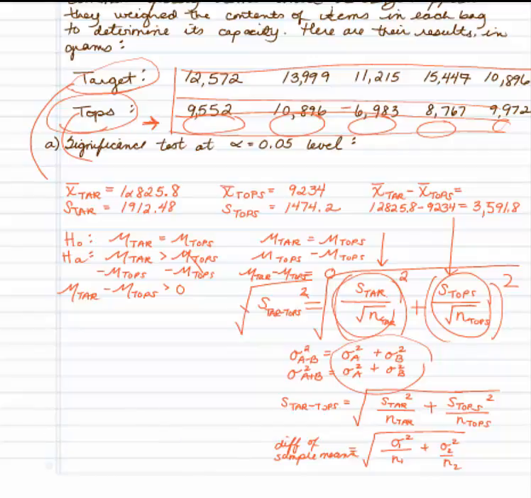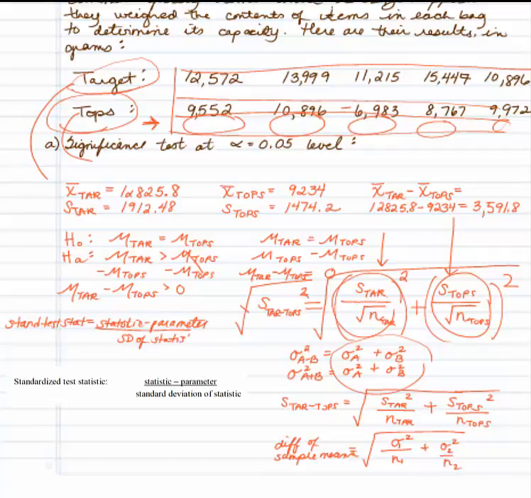Same thing as we were doing in all of our significance tests: the standardized test statistic equals the statistic minus the parameter over the standard deviation of the statistic. So for mean, we're going to use a T. Now, for the statistic, we're saying, for this sample, what is my sample mean difference?